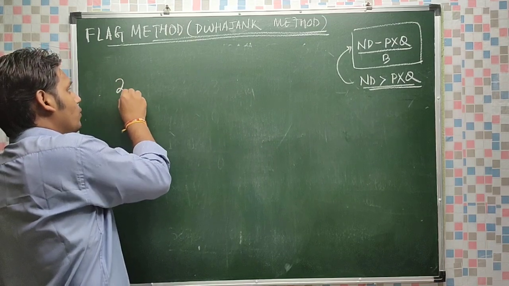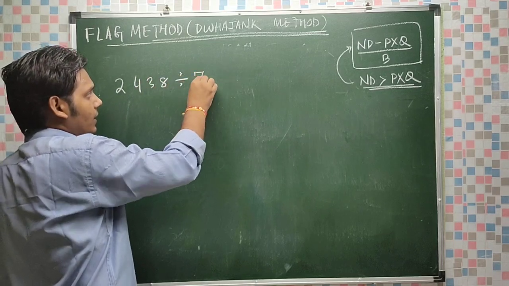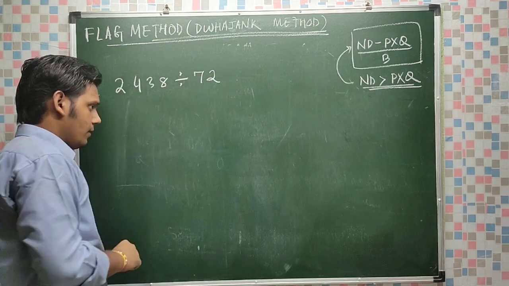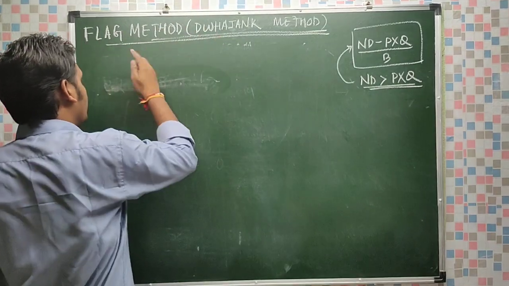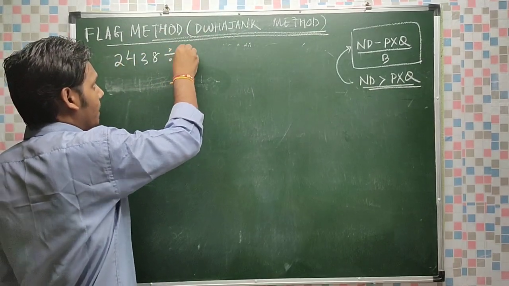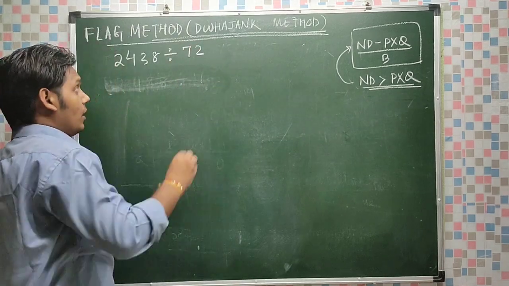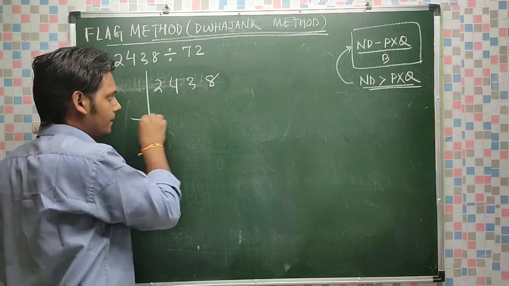Now take another number. 2438 divided by 7 power 2. Now 2438 I have to write here.